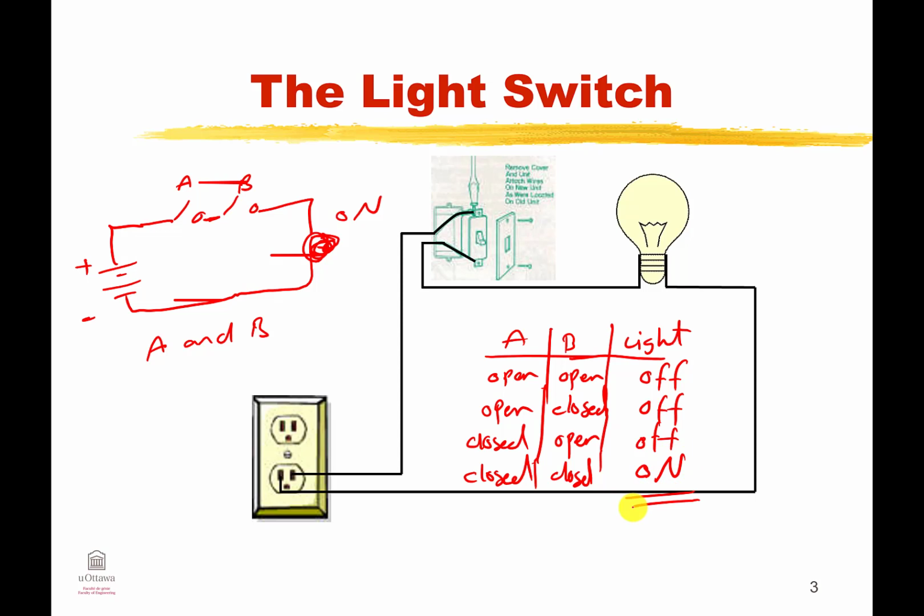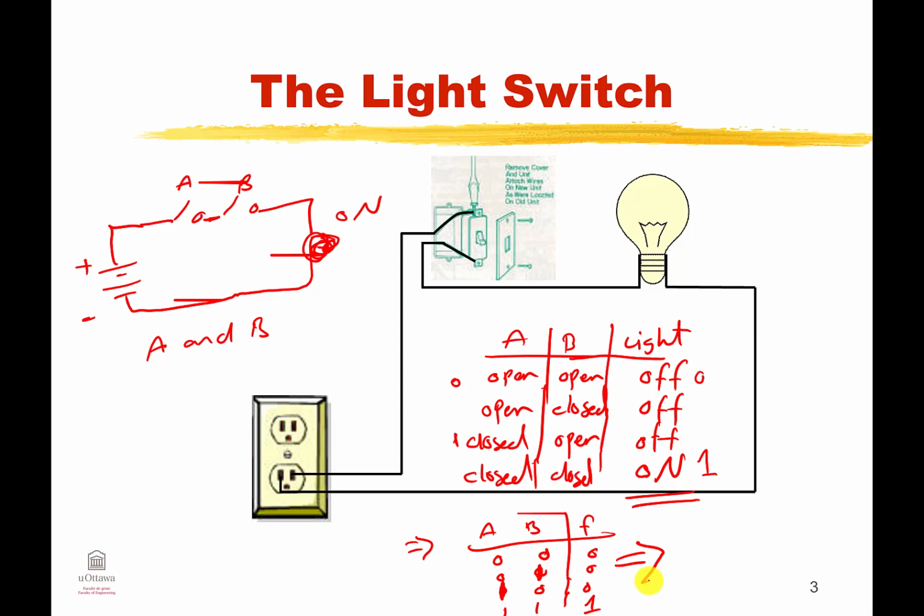Okay, so this representation, if we translate it to binary, the open indicates 0 and the closed indicates 1, the off indicates 0 and the on indicates 1. So we will have something similar to A, B, and the light, let's refer to the light by the output F. So we will have 0, 0, 0; 0, 1, 0; 1, 0, 0; and 1, 1, 1, which is the only case which will have 1.